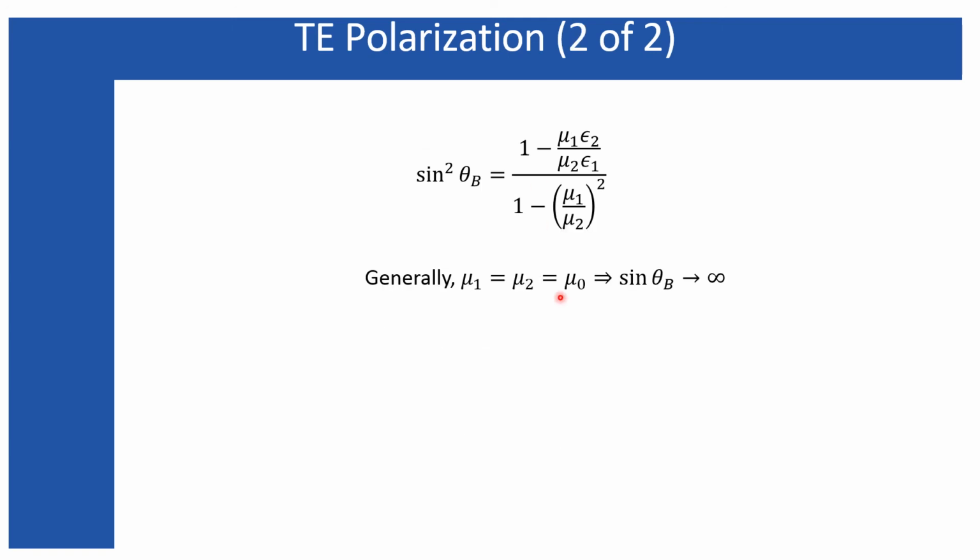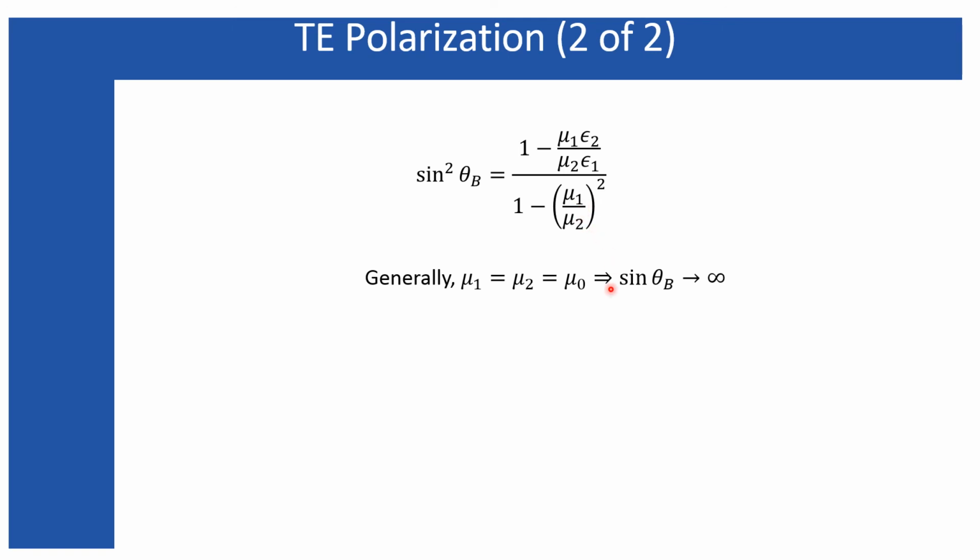Similar to the Brewster's angle that I have obtained for the TM polarization, such an angle can also be obtained for the TE polarization, but in this case the sine squared theta b contains the expression 1 minus mu1 divided by mu2 in the denominator. Here in the general case we generally consider that mu1 and mu2 are equal.